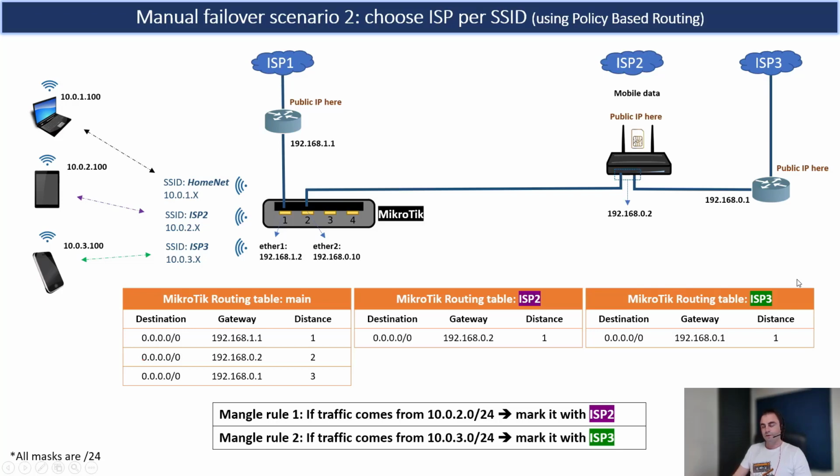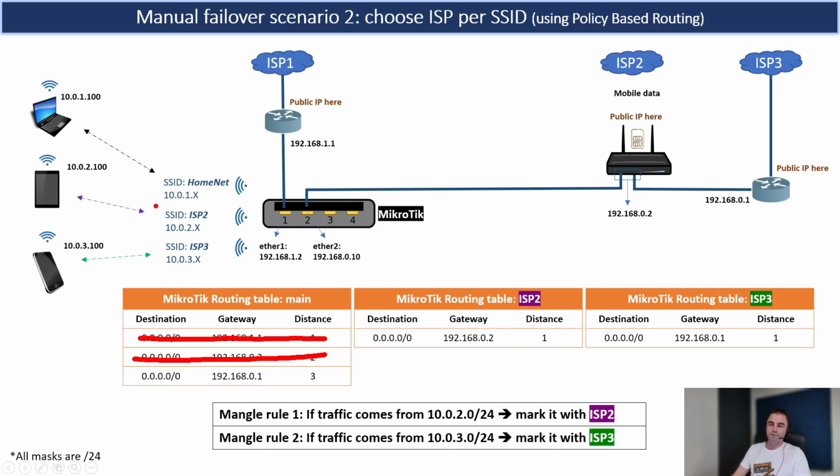And again, very important, this scenario can work together with the first one. So even if I disable, for example, this gateway, this means that all the clients which are connected to the HomeNet SSID will exit out of 10.0.3.1, which is ISP3.